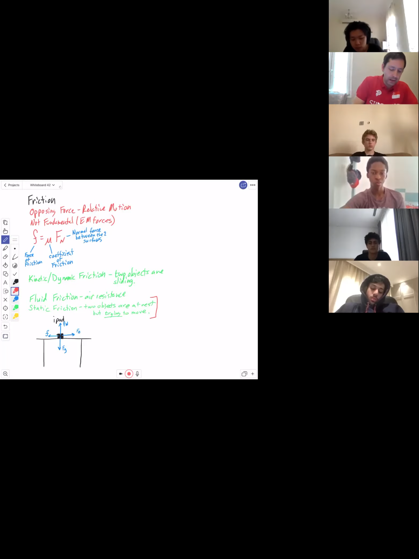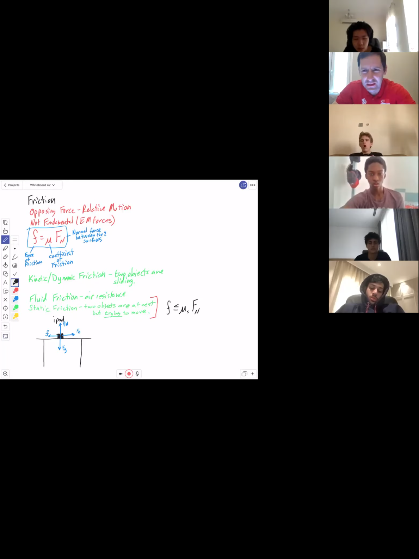Assad mentioned this equation up here earlier of friction equals the coefficient times the normal force between the two surfaces. For static friction, it's actually more like this, that friction is less than or equal to the coefficient of friction times the normal force. So it can have up to a certain value, but it can also have anything less than that if it doesn't need to be at its specific value.